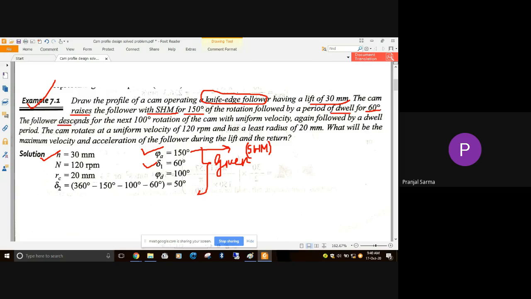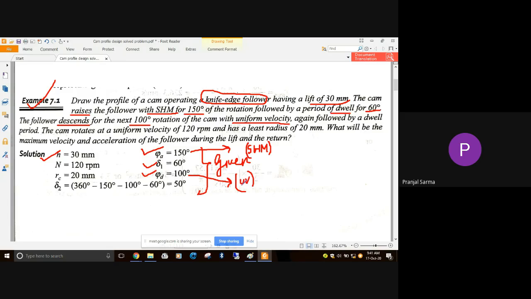Next, the follower descends for the next 100 degree of rotation of the cam with uniform velocity. The scheme of movement for the descent stroke is not the same. The angle of descent is given: the follower descends for the next 100 degree, so phi d is 100 degree, and in brackets you mention the scheme of movement, that is uniform velocity.